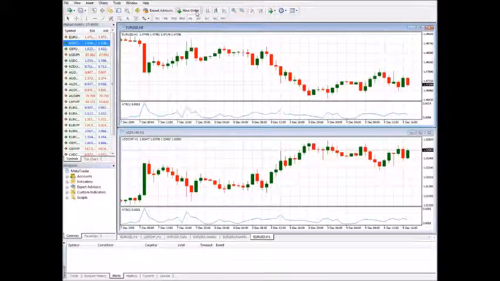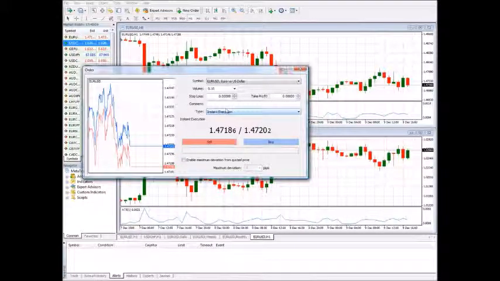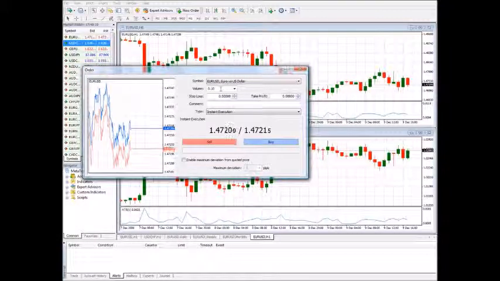Okay, so the first order is I'm going to sell, and I'm going to sell this particular thing at 1/10 of an entire lot. I'm going to sell the euro dollar US dollar. Okay, and I'll just give you an example of how this can work.